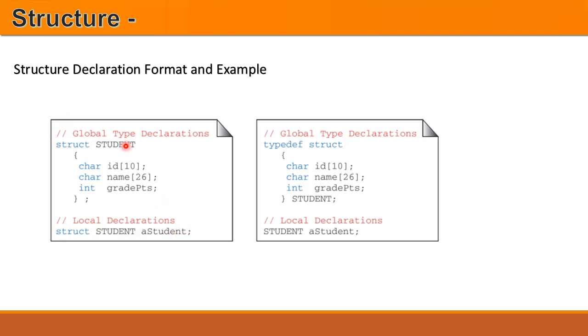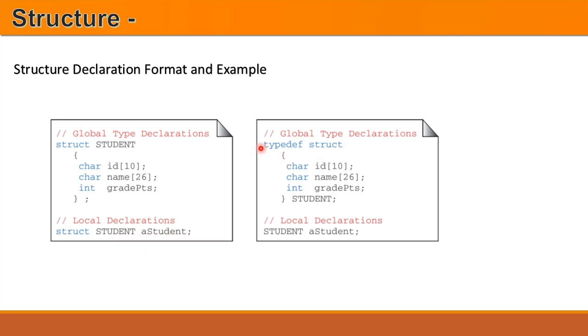Let's consider a student structure, struct student, and these three are its members and semicolon. And this is a global type declaration. We have to declare this globally and we are creating a local variable of this student structure, struct student and a student. This is a local declaration or local variable for this student structure.